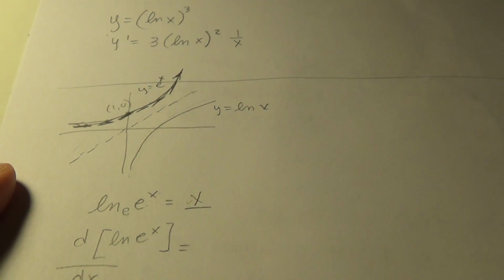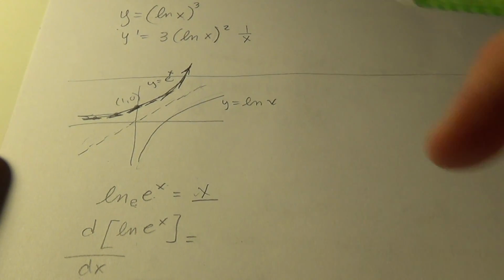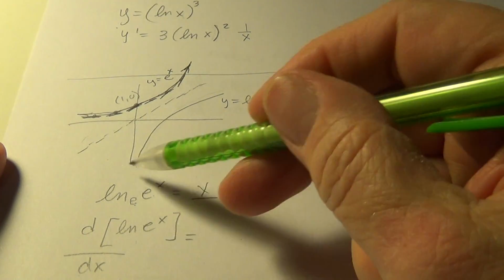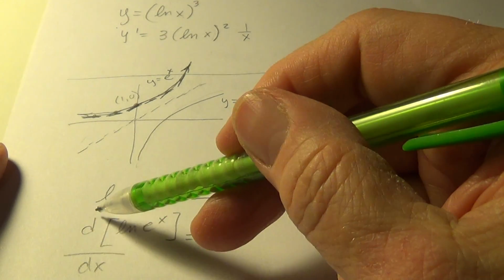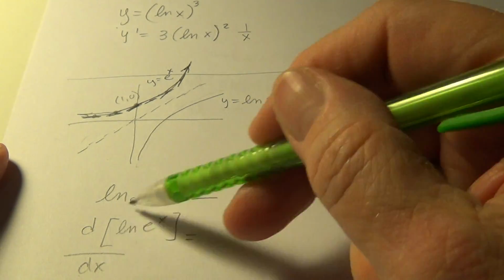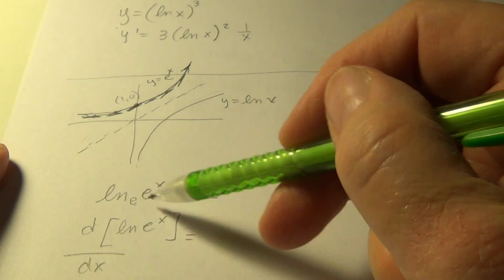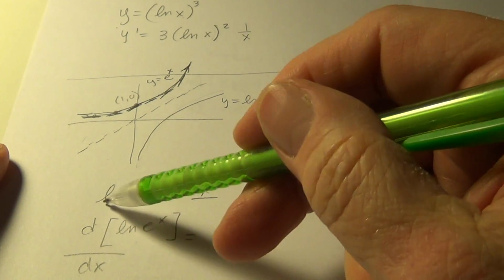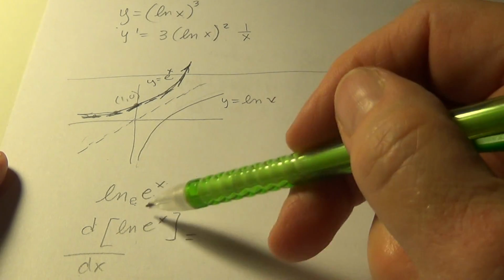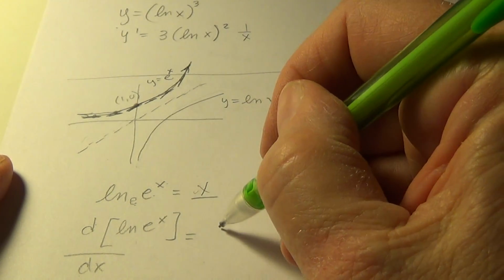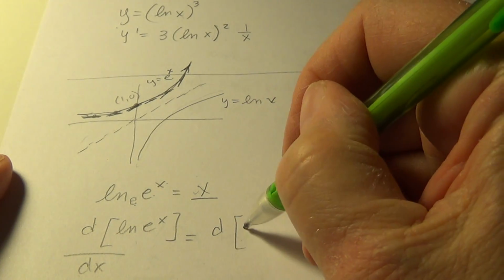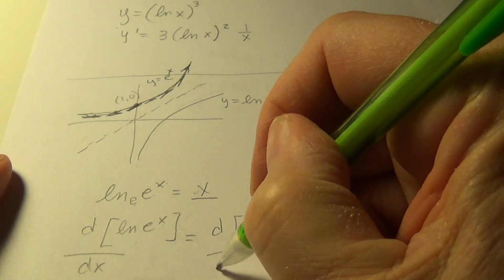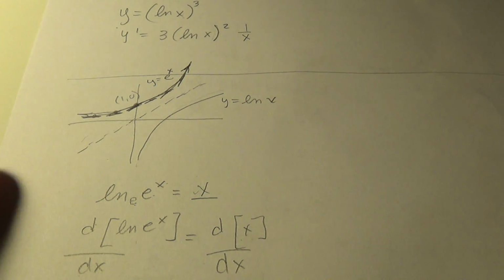I can write that with a notation where I say d, derivative of this expression, is d, that expression, dx. So that just means the derivative of this expression equals the derivative of that expression. So I'll just use the same notation.